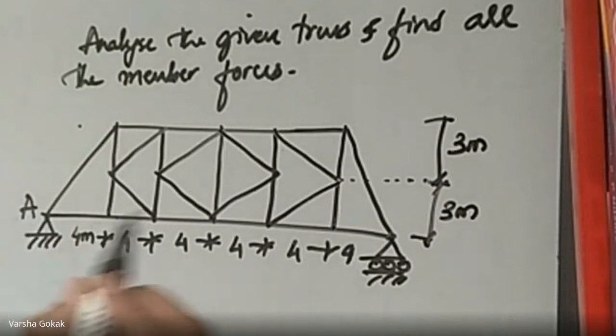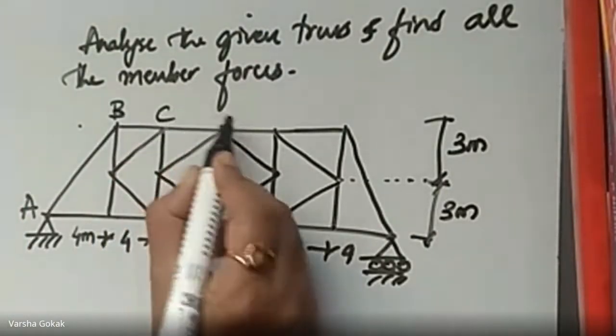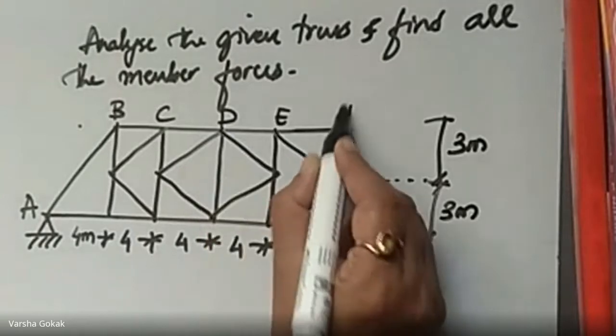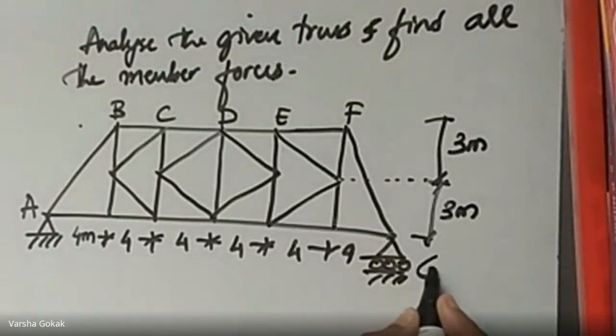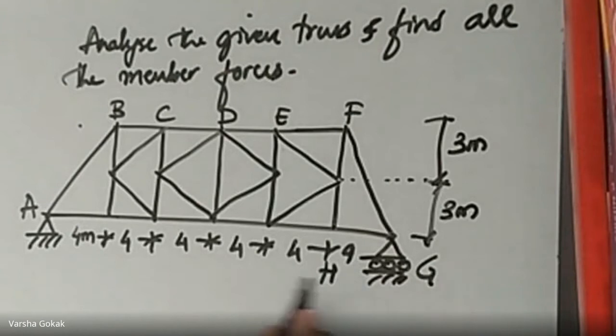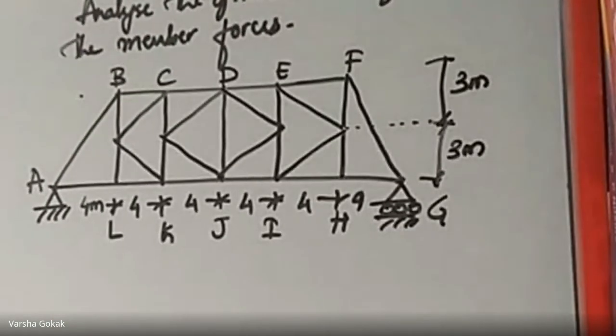This is A, this is B, C, D, E, F, G, H, I, J, K, L. Right? Fine.